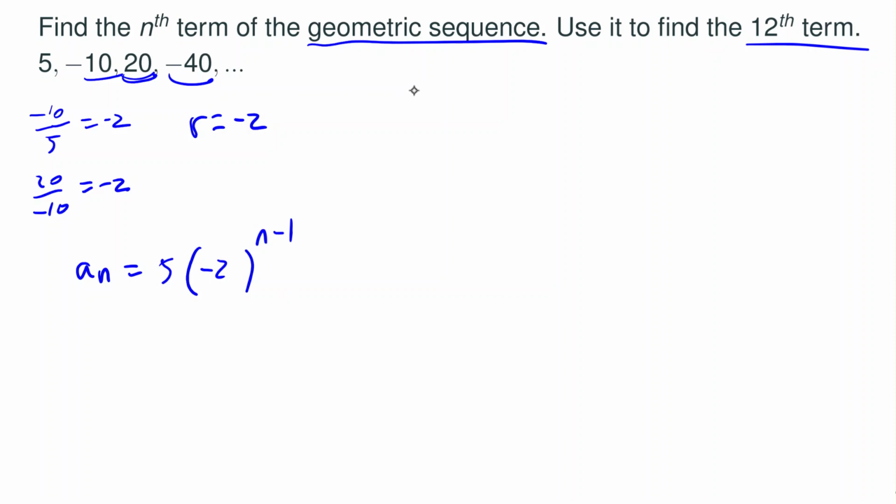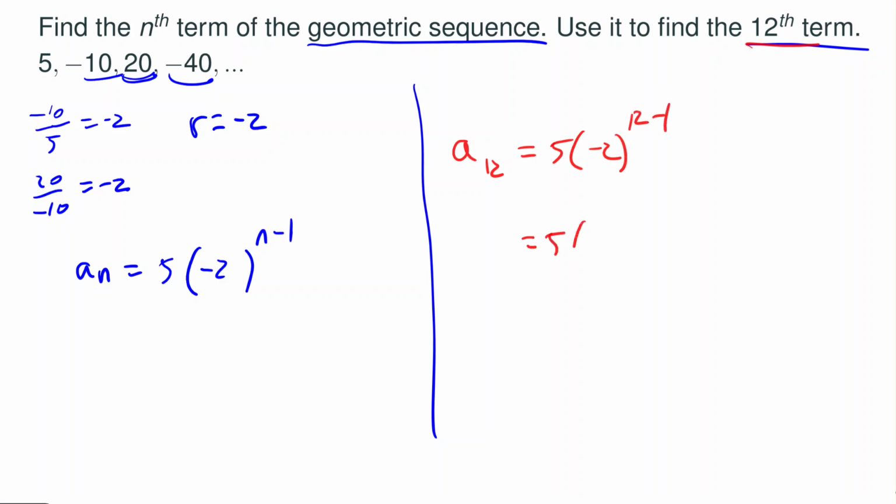Okay? So then, we need to find the 12th term. So let's just plug in 12. A of 12, which is 5 times -2 to the 12 minus 1, which gives us 5 times -2 to the 11th power. And this is 5 times, again, we're doing this first.